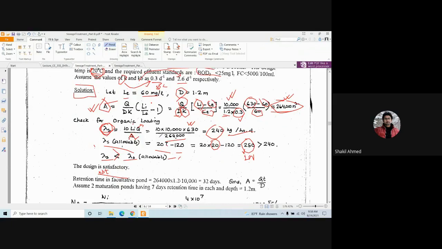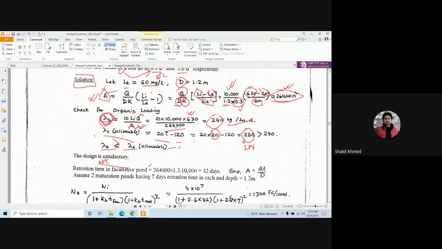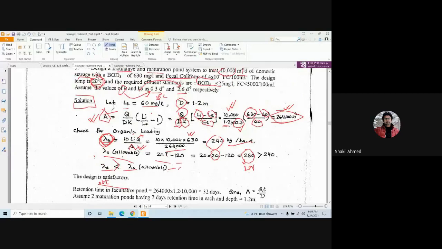So what you can do, you have to reduce this load, you have to increase the area. If you increase the area, then you should check what your Le is for that area from this equation.